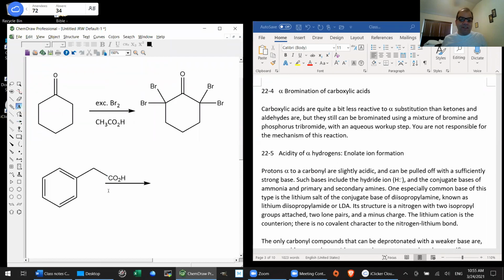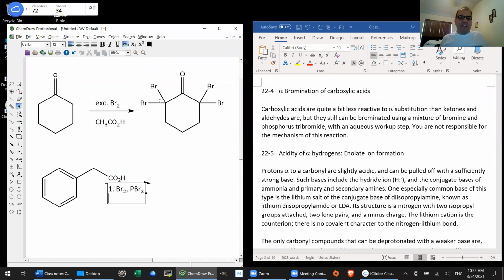And this is a two-step process. The first step uses bromine and phosphorus tribromide.